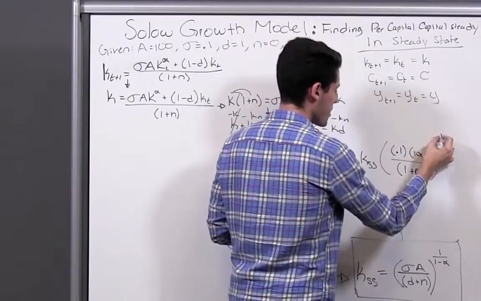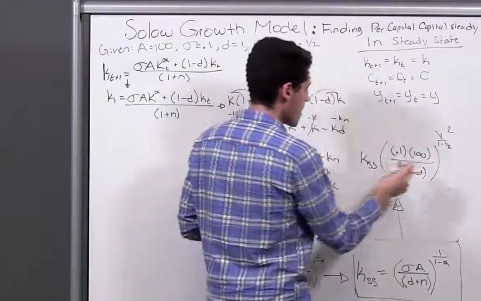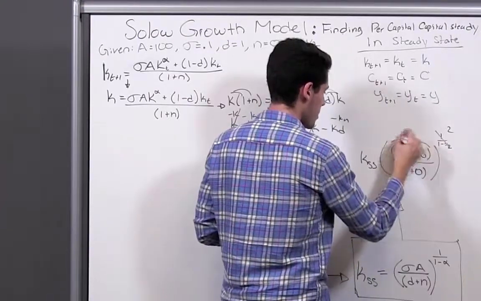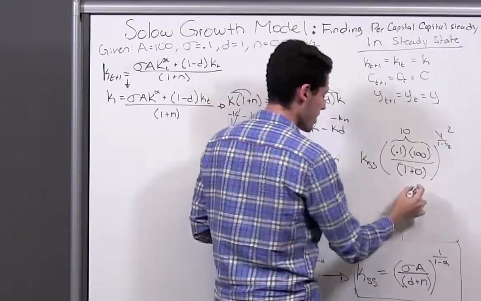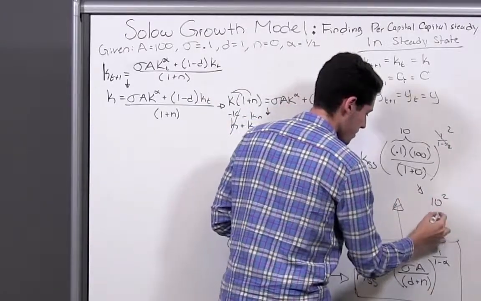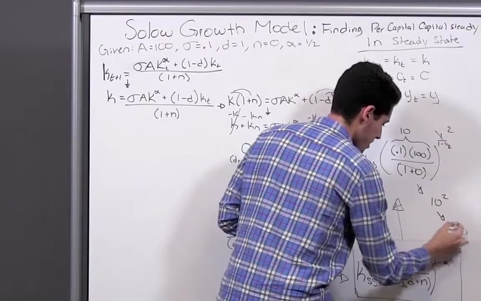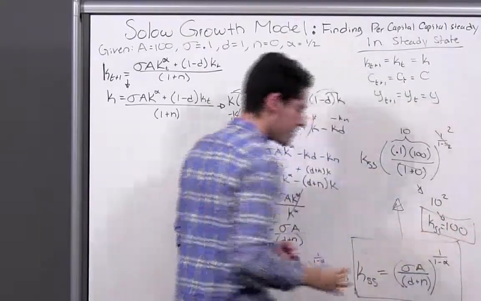So this whole thing becomes 2, this right here becomes 10, and of course 1 in the denominator disappears. So it goes 10 squared, which is 100. That's exactly the same thing we got before.